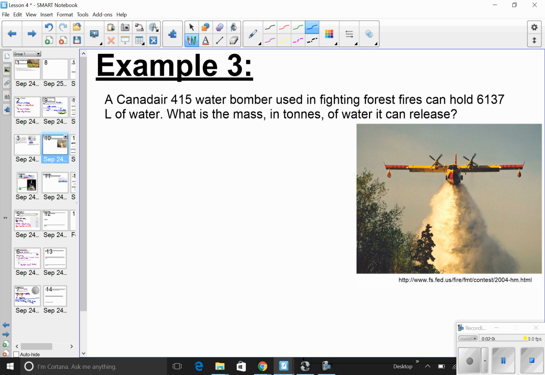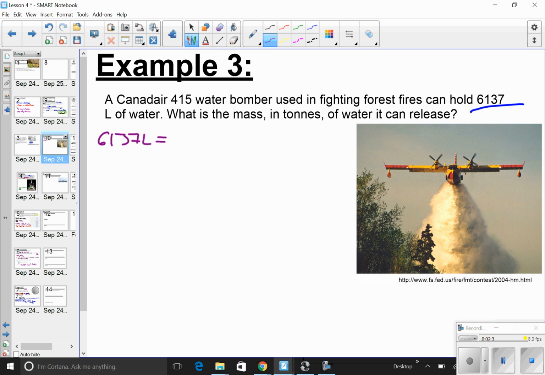Alright, so let's get to some math here. A Canadair 415 water bomber is used for fighting forest fires, and it can hold 6,137 liters of water. I want to know what the mass in tons of that water is. So first things first, that's 6,137 liters of water.